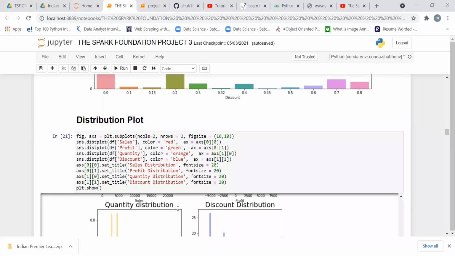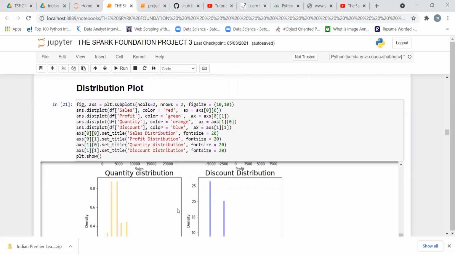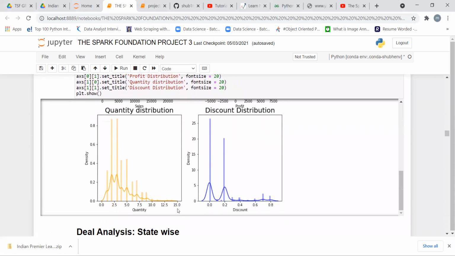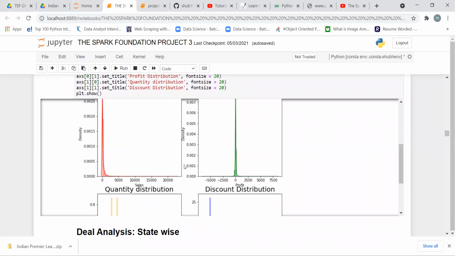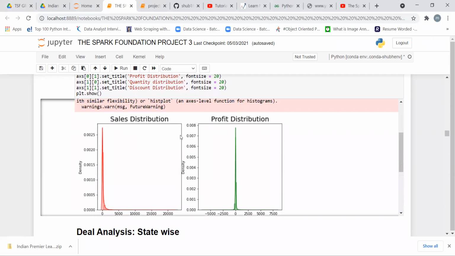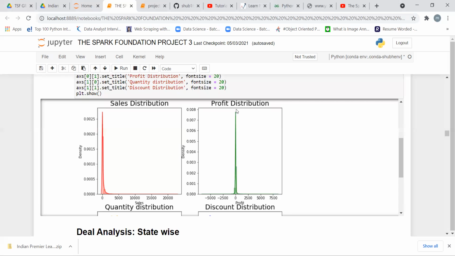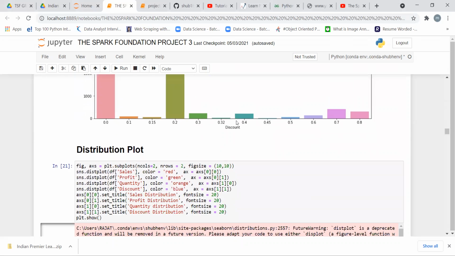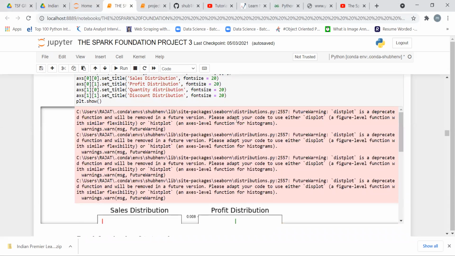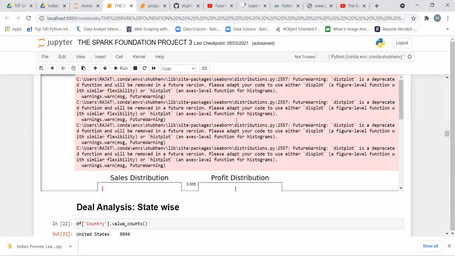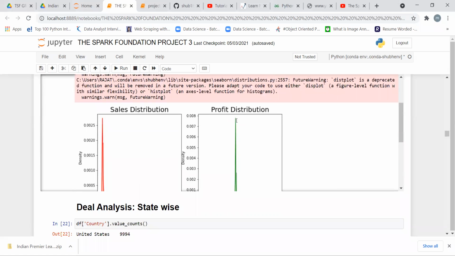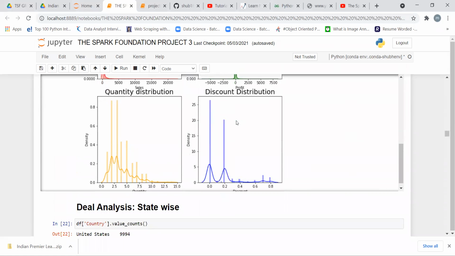Then we can use a distribution plot for determining the distribution of sales, profit, quantity, and discount in a given data set. Here we see the sales distribution and profit distribution. A probability distribution plot is used for determining the probabilistic model of sales, profit, discount, and quantity.